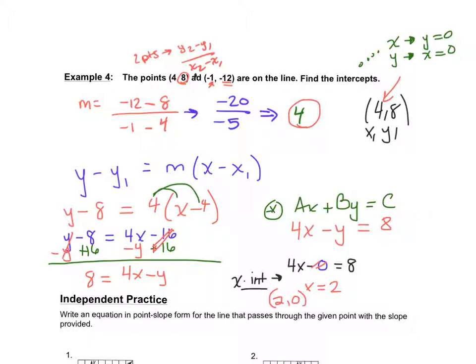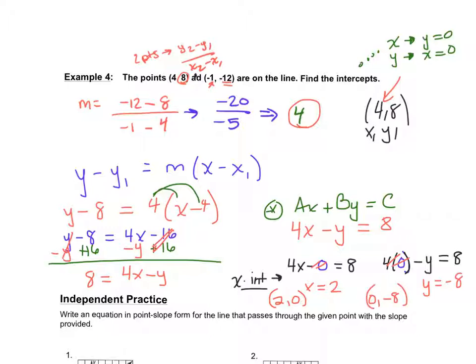The y-intercept is the value of y when x is 0. So I am going to substitute 0 in for x, minus y equals 8. That is going to cancel that out. If negative y is equal to 8, then y is equal to negative 8. That means that my y-intercept is (0, -8).